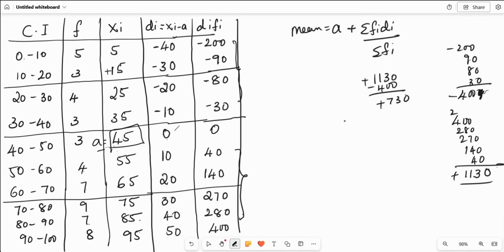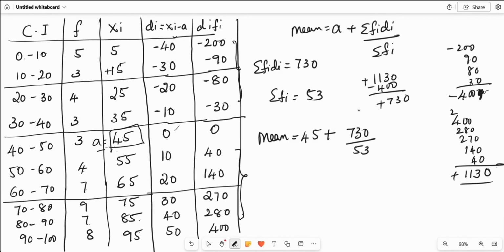So sigma Fi into Di is 730. What about sigma Fi? 53, I think, no? Adding all these frequencies, it is 53. Now mean will be equal to A, which is 45, plus sigma Fi into Di, 730, divided by 50. So divide this, whatever answer you get, add it to the 45. I think you may get 15 something.